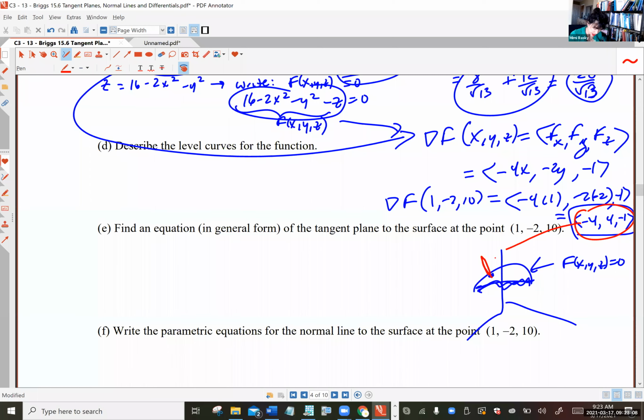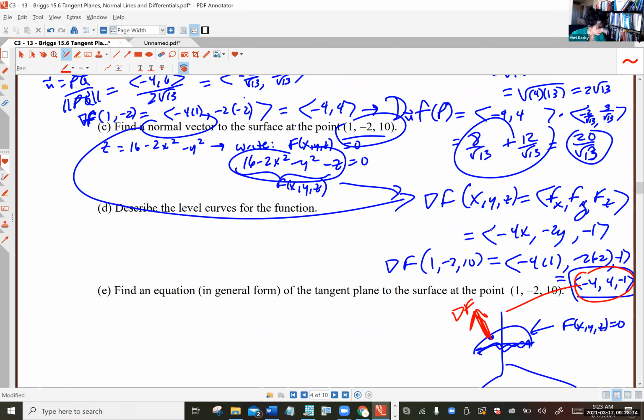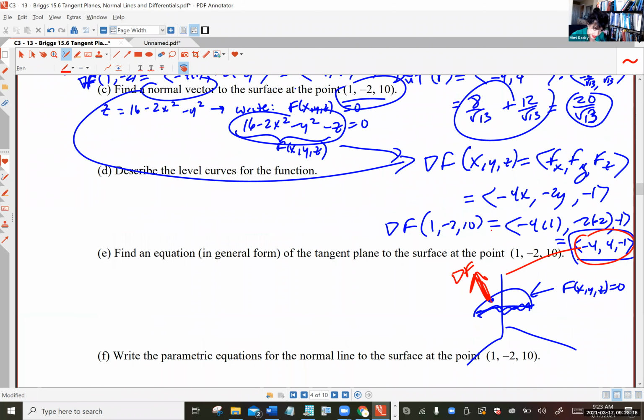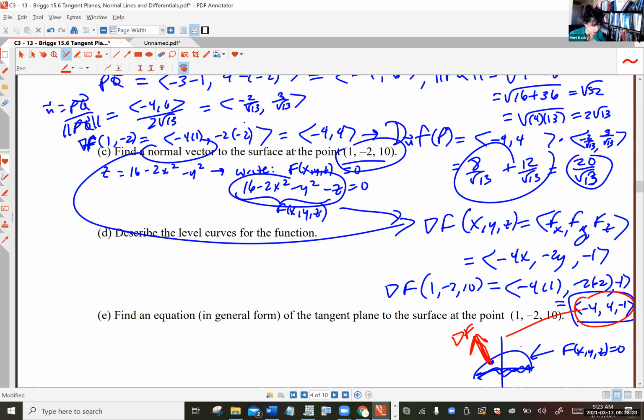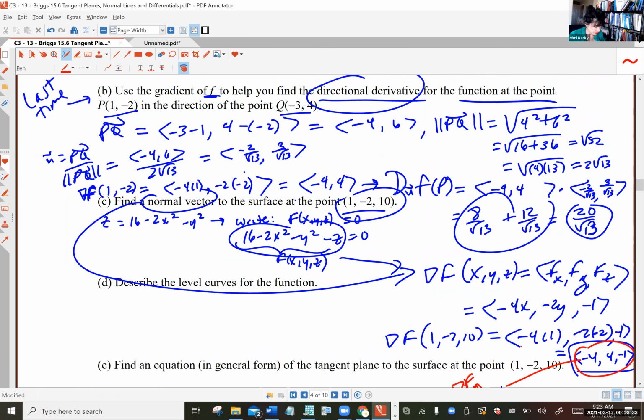That's this vector right here. That's your gradient, big del F. The little del F would just be way down here in the XY plane. That's definitely not normal or orthogonal to your surface. I hope you can appreciate the big difference between these two creatures here. So there's the normal vector to the surface.